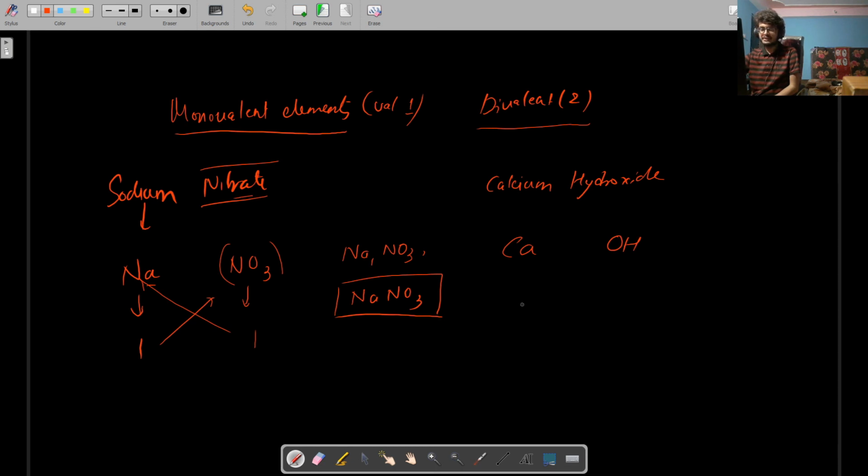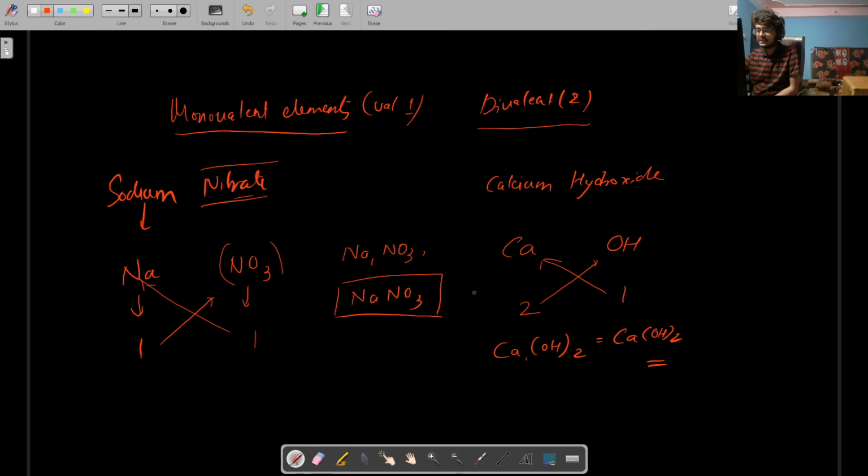What is the valency of calcium? 2. It's divalent. OH is 1. So crisscross. Give the 1 to calcium, 2 to hydroxide. So we get Ca1, then bracket OH, then 2 to the entire OH. We don't need to write the 1. So we get Ca(OH)2. So this is calcium hydroxide.